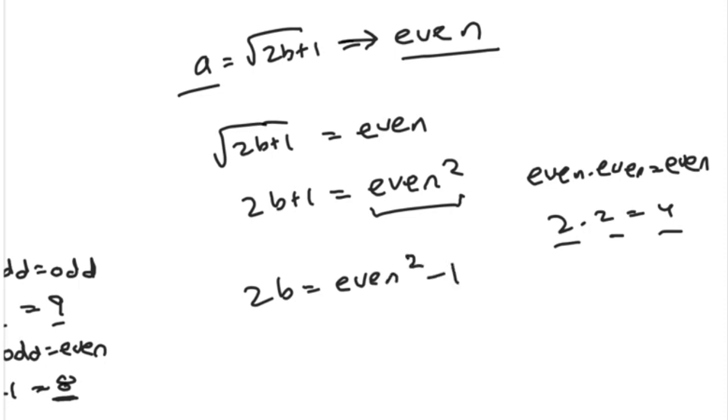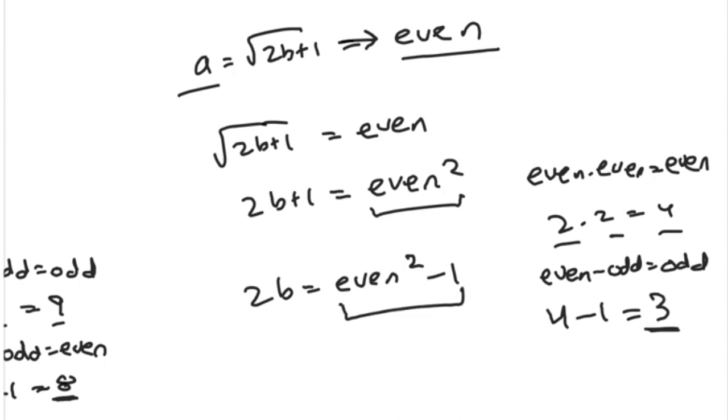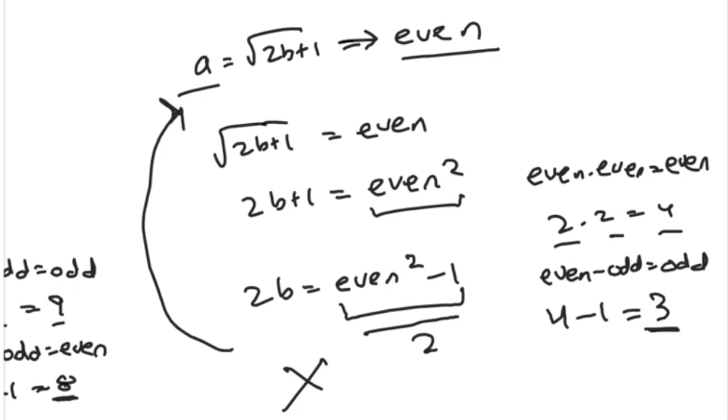What happens when we subtract 1 from an even number? Even minus odd is odd. For example, suppose we take that 4 and we subtract 1 from it. This will turn it to the number 3. 3 is odd. Therefore, this value is odd. Now, what happens when you take an odd number and divide it by 2? We will not be able to get an integer. Therefore, there is no integer value of b that works such that we get an even value of a. So a cannot be even.